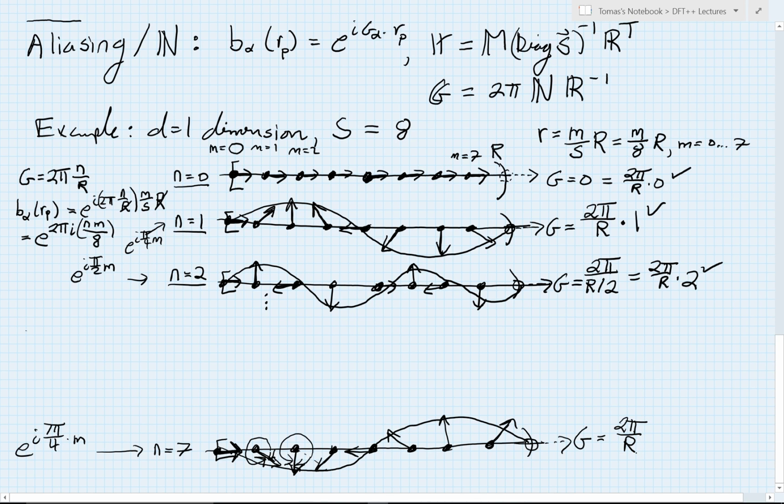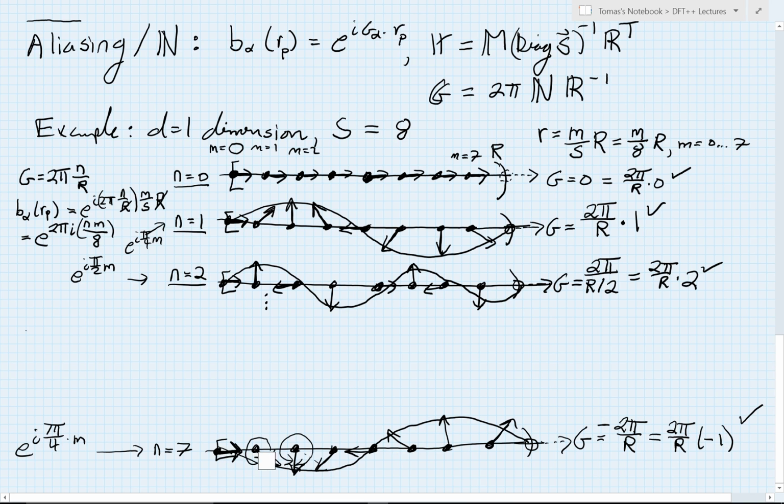But because the phase now appears to be progressing in the backward direction rather than the forward direction, we naturally associate this with a negative wave vector. And this now, I think you can see, really would fit our pattern much better if we call this 2 pi on r times minus 1. So that is what is, in essence, happening. Why we choose minus 1 as the last integer n.